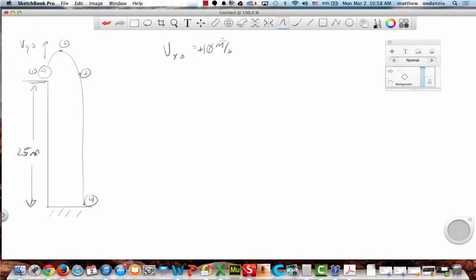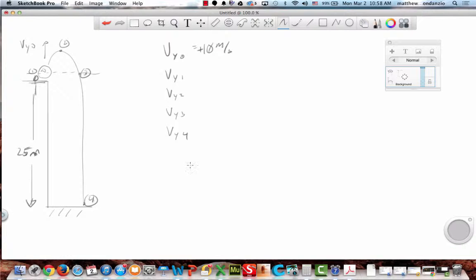Okay, so what do we say? We know this is going up to this point here where we have the center line for these points. That's our 25 meters. Okay. So what was it we were asking? I wanted Vy at point 1, Vy at point 2, Vy at point 3, and Vy at point 4, right?